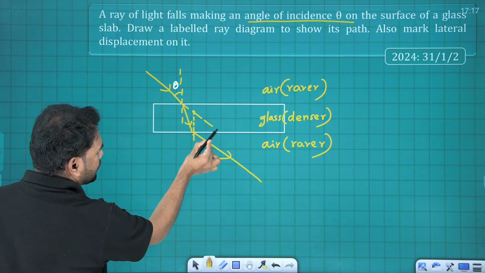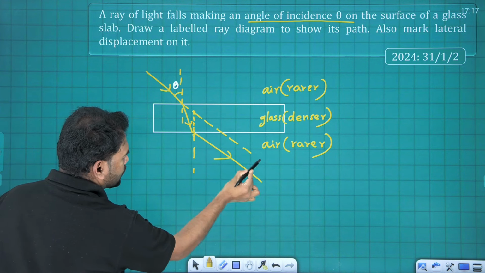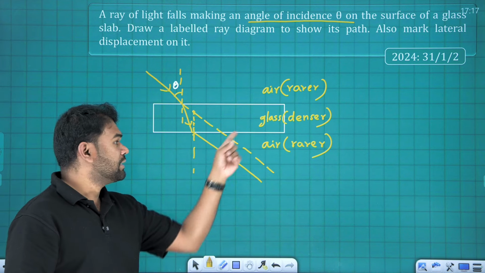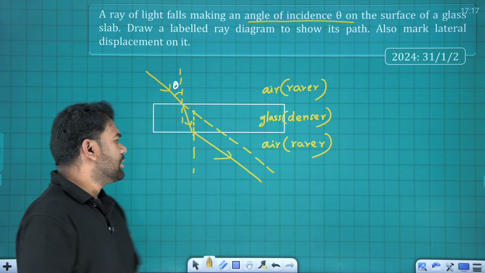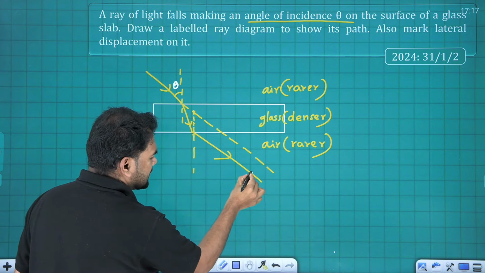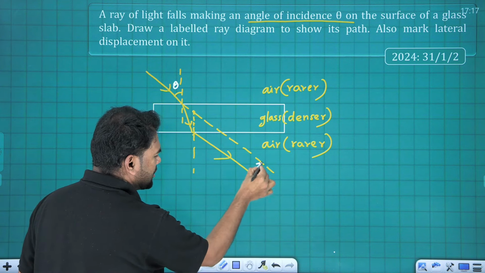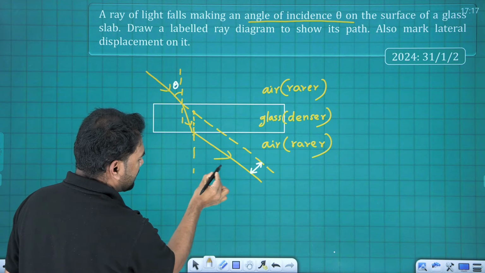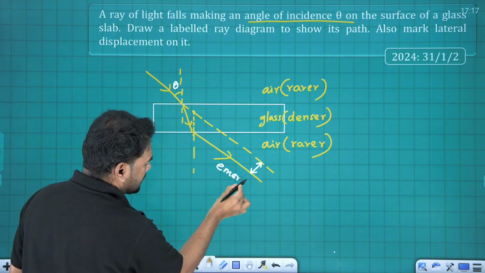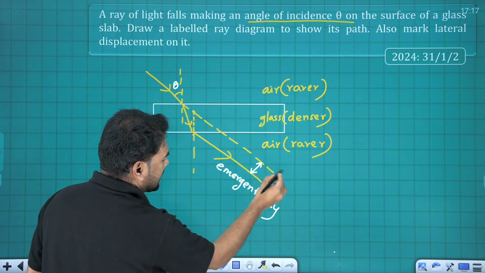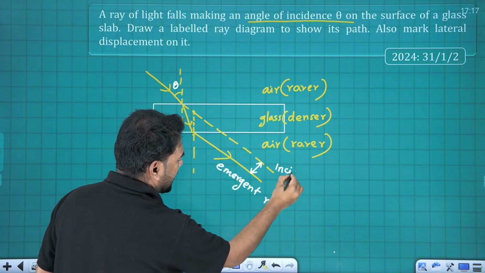This is the exact path of the ray if this glass slab is not present here. So you can see here, this is the perpendicular distance between the incident ray and the emergent ray. This ray is known as the emergent ray, and this is known as the incident ray.